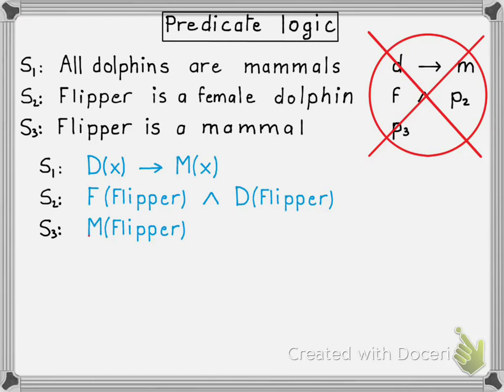So in other words, the translation of S1 into predicate logic is the following. D of x implies M of x. In other words, if x is a dolphin, then x must be a mammal. In other words, all dolphins are mammals.